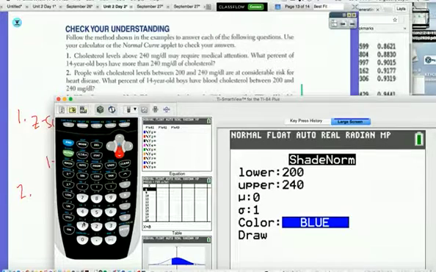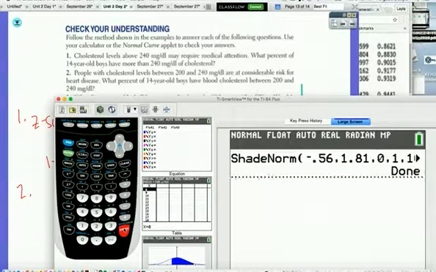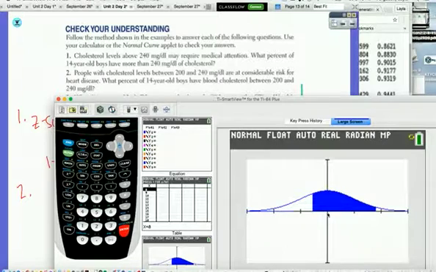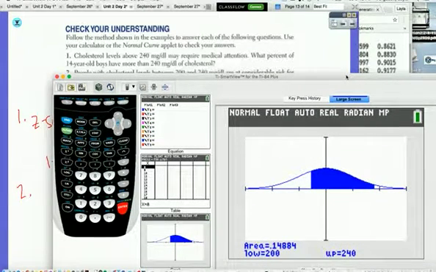My mean, I'm going to change to 170. And my standard deviation, I'm going to change to 30. And then I'm going to go to draw. Whenever I do that, this is what I see. I can click on it to get my area. And my area would be 0.14884.